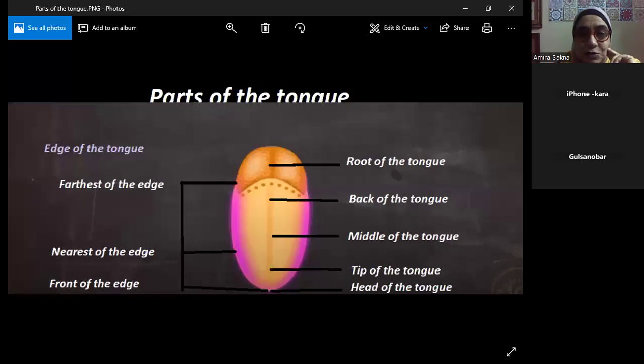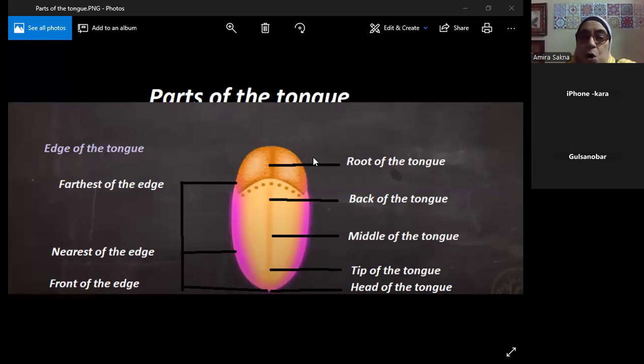The first picture I would like to share with you, my dear sister, is this one. I just want you to remember this one. We saw this before, and I told you these are the parts of the tongue. We said that the right division is the division of all the tongue as a whole.